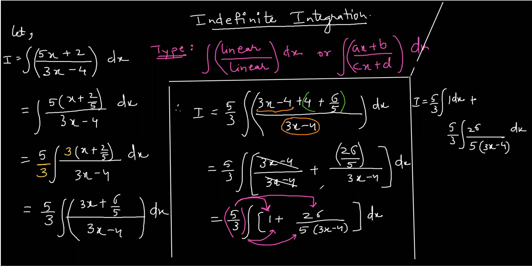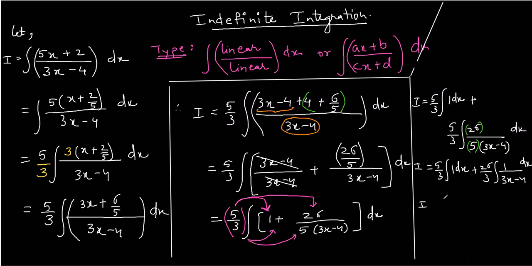Okay, so the next step: this 26/5 is a constant, it will come out. So I get I equals 5/3 integral 1 dx plus 26/3, the 5 gets cancelled, 26/3 integral 1/(3x - 4) dx.